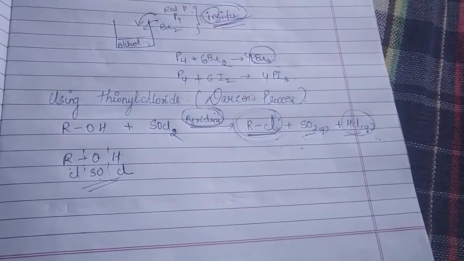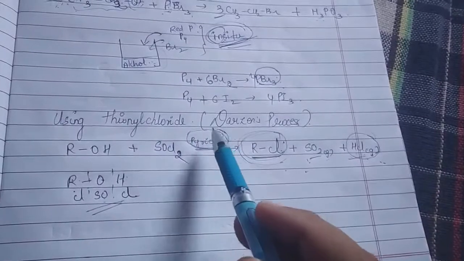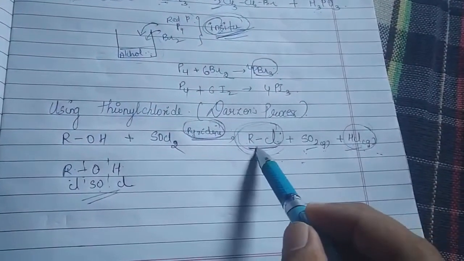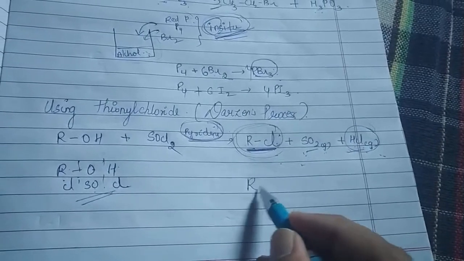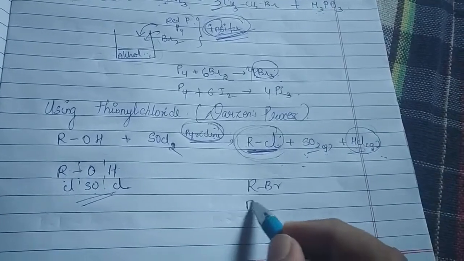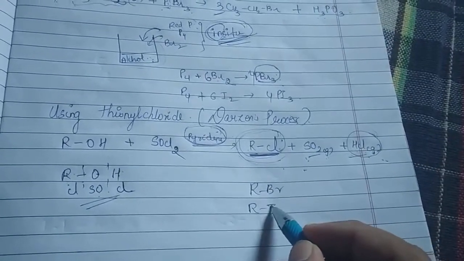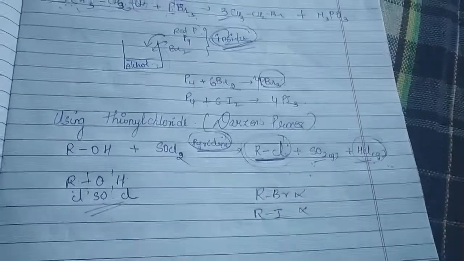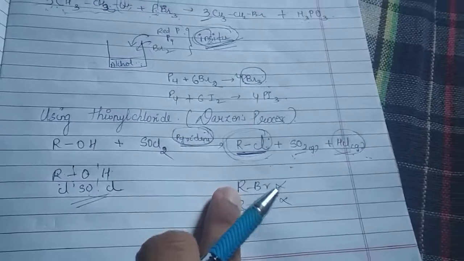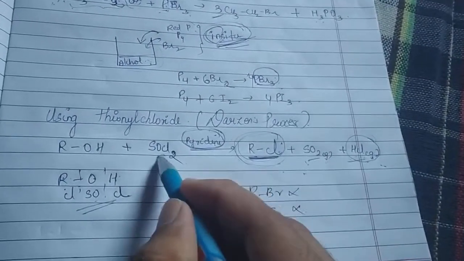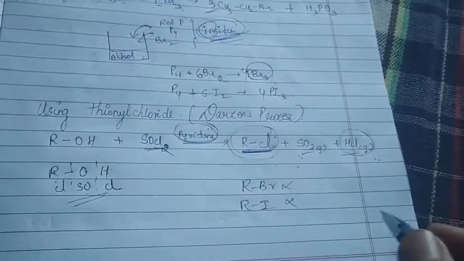If you remember, I mentioned that this reaction is mainly used for the preparation of your alkyl chloride. Through this process, we can't obtain your RBr or RI. Why is it so? Let us go with it. Whenever we are choosing this process, of course, I have chosen thionyl chloride.